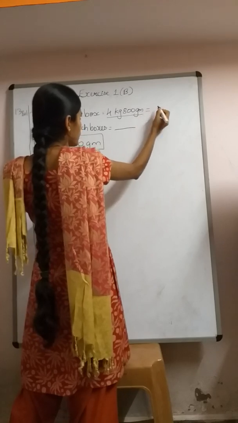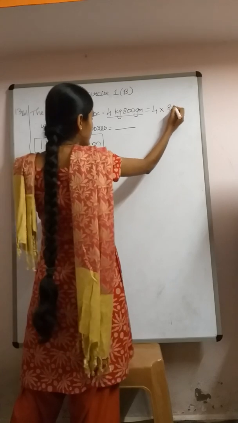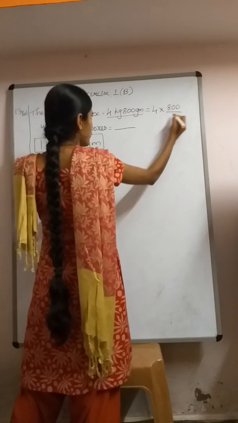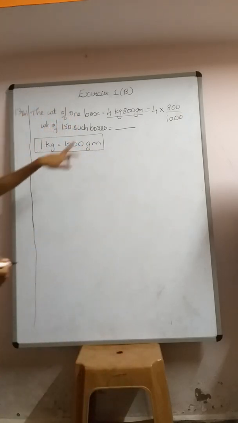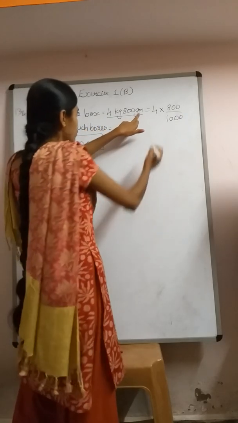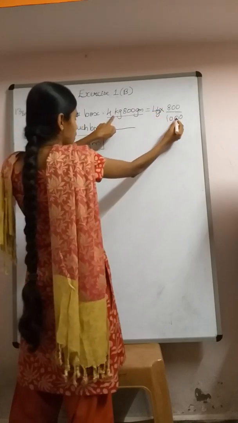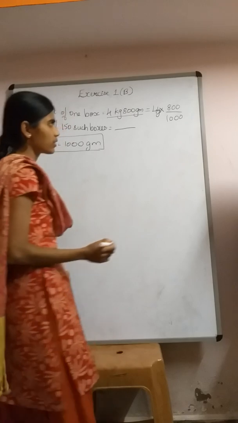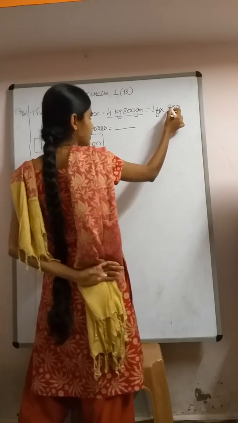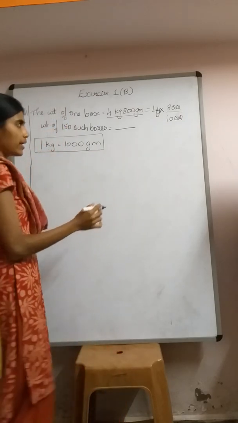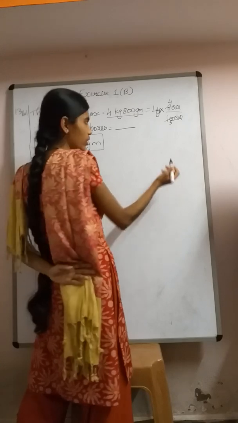4 into 800 divided by 1000. Conversion. 4 kg into 800 divided by 1000. So now let us solve this. 8 divided by 10. 2 5s are 2 4s are 8. Okay.